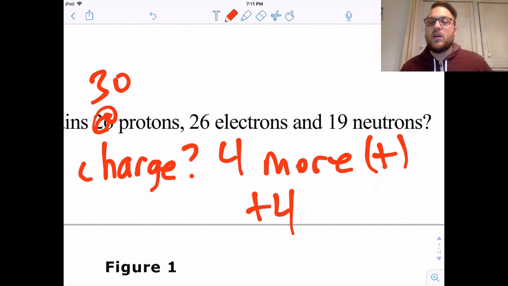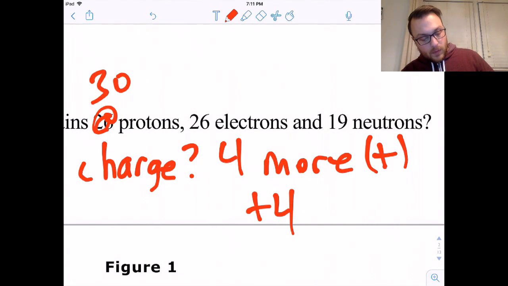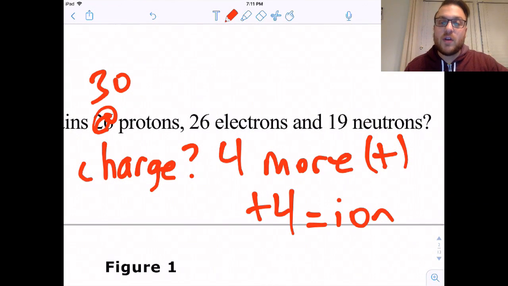So your overall charge would be +4. When you have something that is charged, we call that an ion. So you would have an ion in this case. All right.